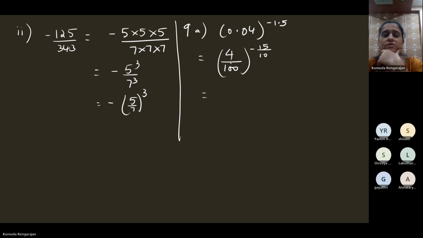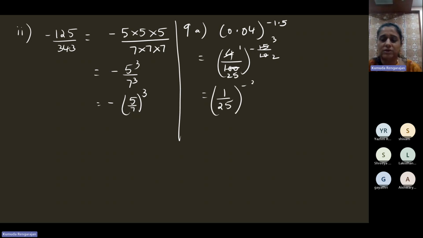Very good. So 0.04 is 4 by 100. And minus 1.5 is 15 by 10. Now we'll reduce this. 4 ones are 4, 25 times. And 15 by 10 reduces to 3 by 2. So we have 1 by 25, the whole power minus 3 by 2.